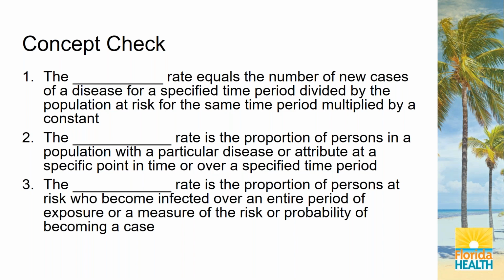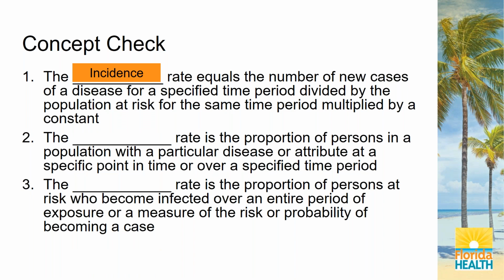Okay, so everyone's putting 1, which is correct. So the incidence rate equals the number of new cases of a disease for a specified time period divided by the population at risk for the same time period multiplied by a constant.